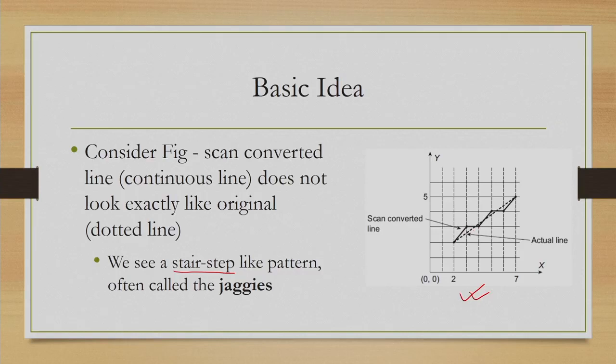Now, this is definitely not the original line exactly, it is an approximation, as we have already said. However, due to this approximation some distortion happens. In case of line, these are called jaggies or stair step like patterns.